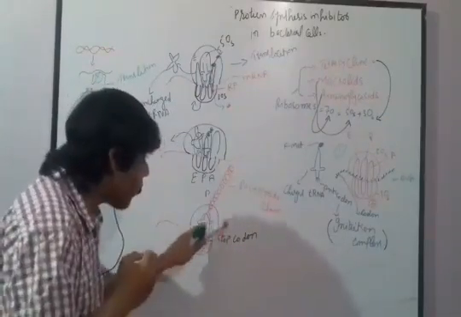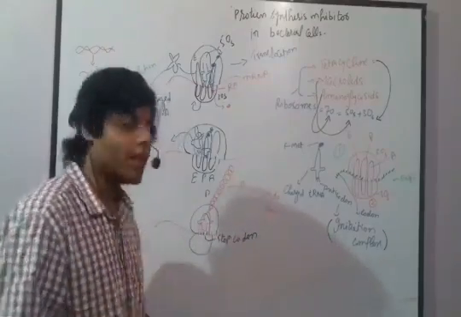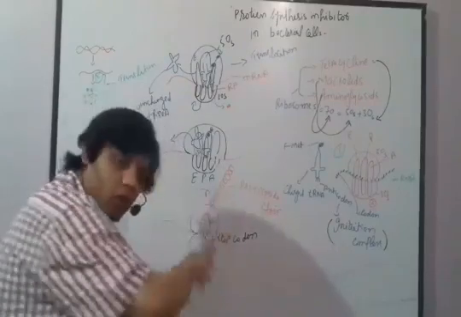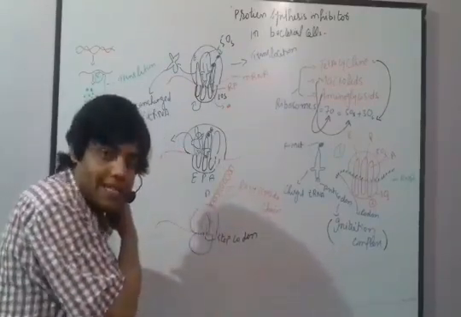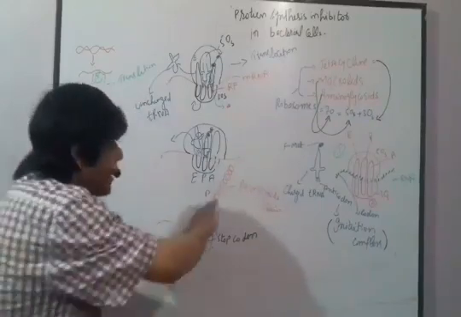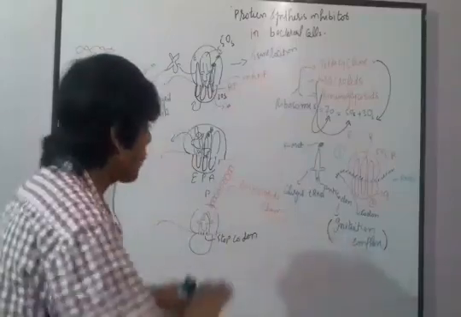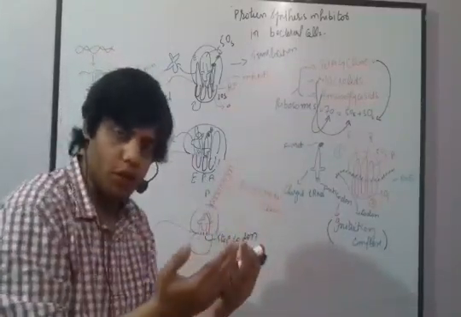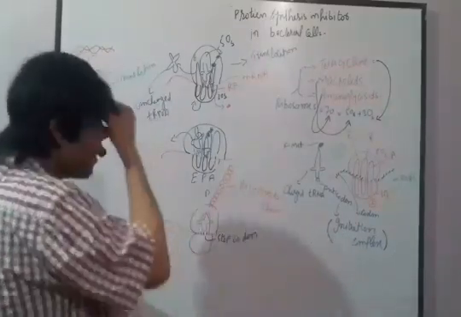Now once this polypeptide chain is formed and the ribosome reaches the stop codon, the chain will be cleaved away from the transfer RNA, and this transfer RNA is expelled from the exit, or E site. Then this polypeptide chain will make its structure and form a protein which is used in a bacterial cell for different purposes.